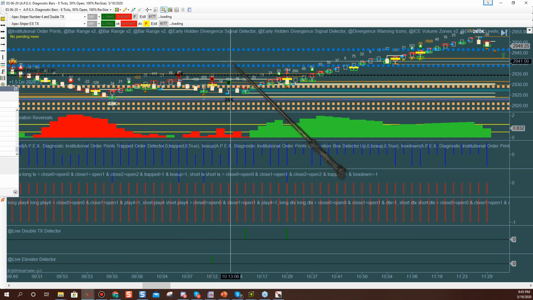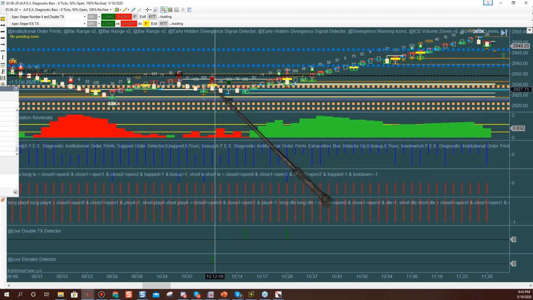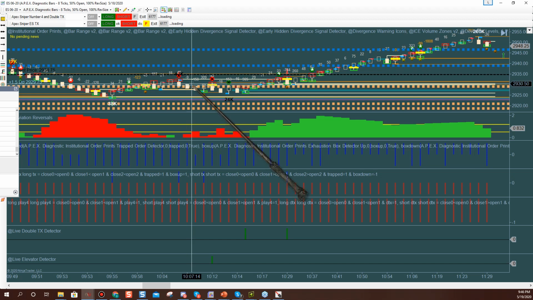All right, let's look at this one. Can you even tell what direction that elevator should be going in when you look at this? I think that might be a helpful thing to think about. If you have to think about which direction the elevator is, then you're in chop. Does that make sense?